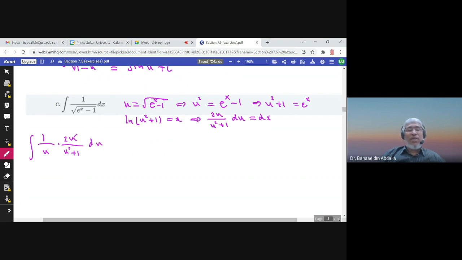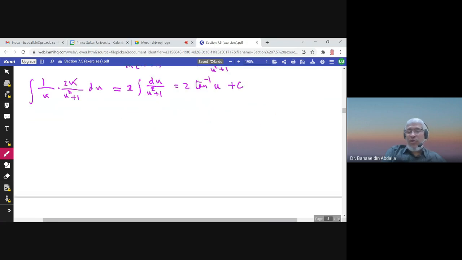And u is cancelled with u, and you can also write 2 outside, and I will have the integral of du over u squared plus 1. And this is just tan inverse u plus c, and you can write it tan inverse of square root of e^x minus 1 plus c.